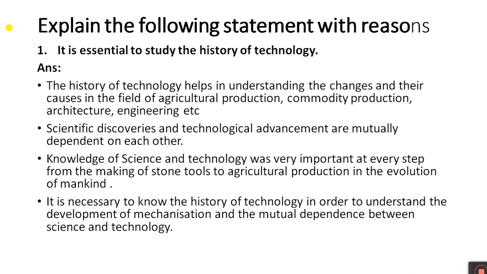Knowledge of science and technology was very important at every step from the making of stone tools to agricultural production in the evolution of mankind. It is necessary to know the history of technology in order to understand the development of mechanization and the mutual dependence between science and technology.